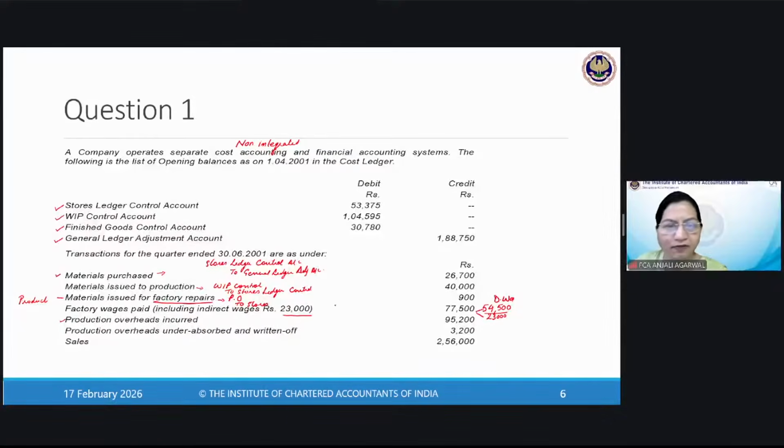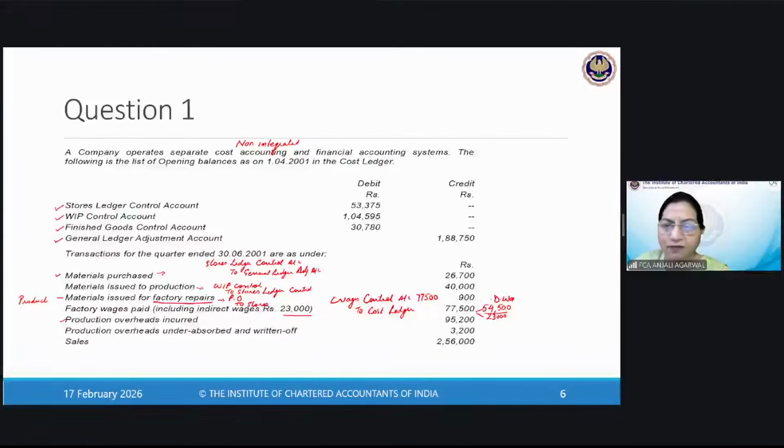So one entry would be wages control account debit to cost ledger control account with 77,500.